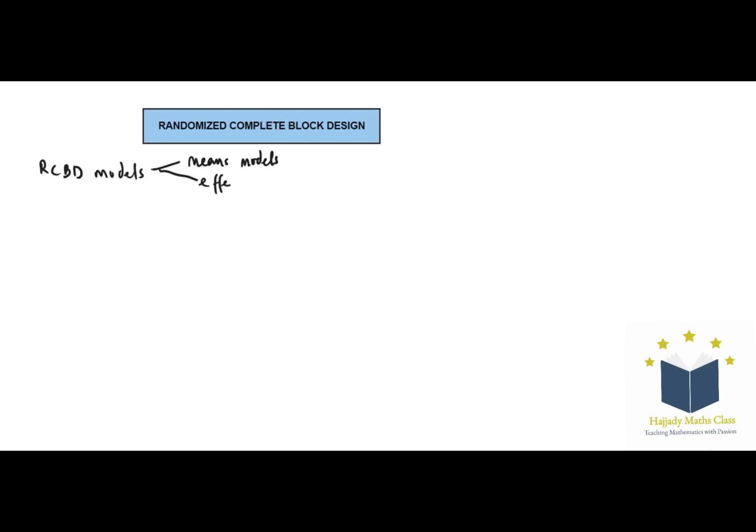So when we talk about the mean model, we have that to be Yij equals mu ij plus Eij. So what does this represent?